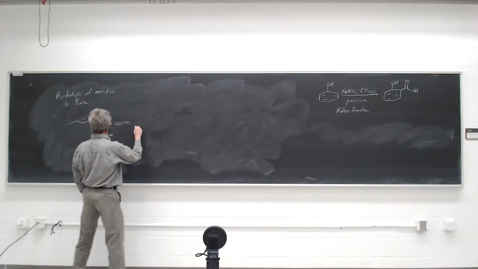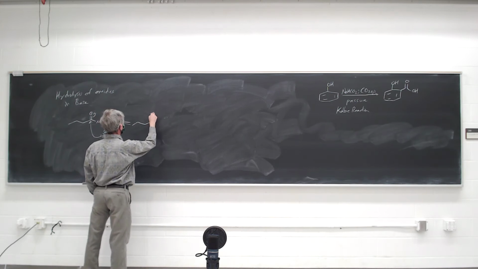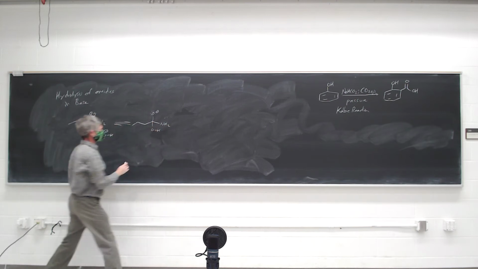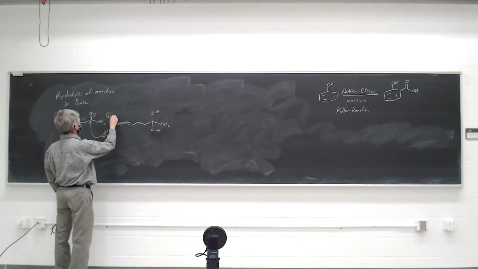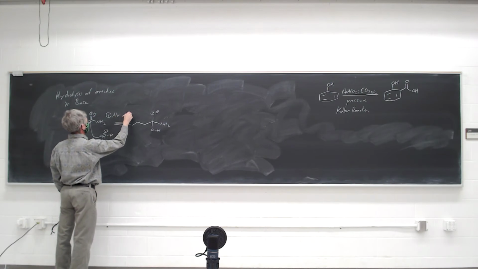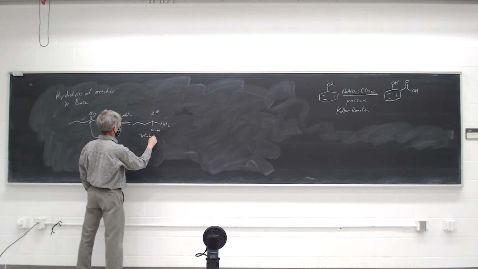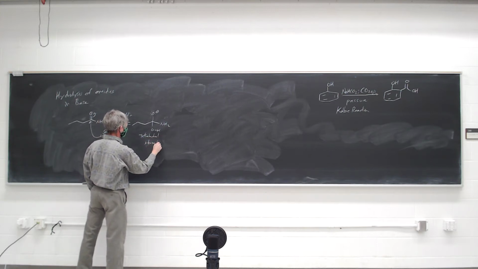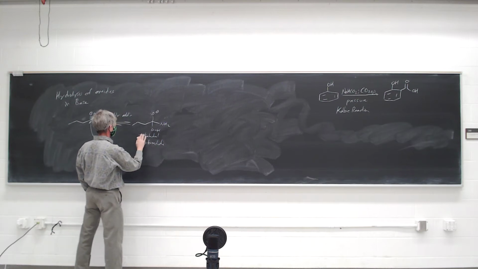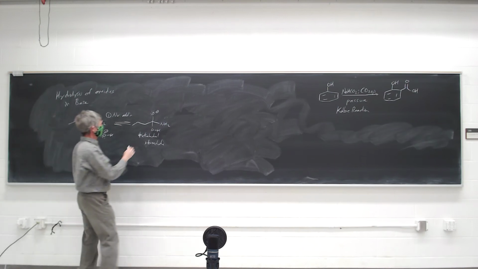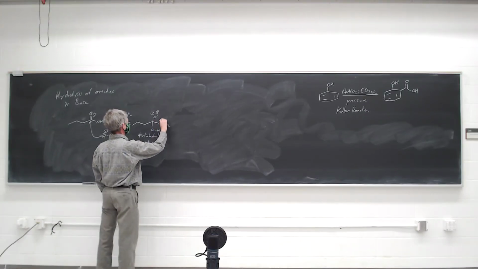The mechanism is going to look the same. We're going to go through the tetrahedral intermediate after nucleophilic attack. And then we're going to pick out the world's worst leaving group, NH2-. An absolutely terrible leaving group.